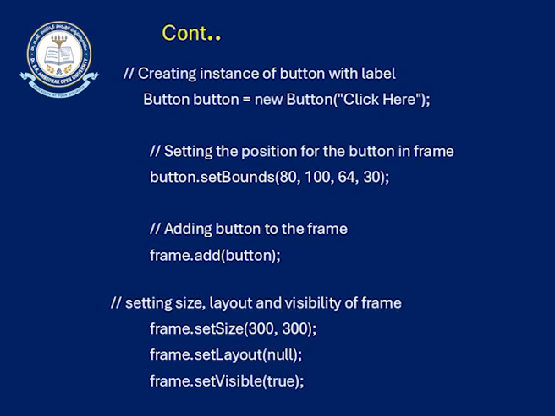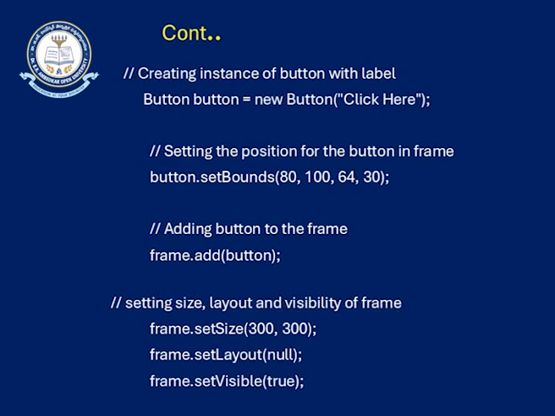After that I am positioning the button on the frame. I am giving the x-axis, y-axis bounds like this: 80 pixels, 100 pixels, 64 pixels and 30 pixels. Like this we can give some pixels. Next, we have to add our button to our frame.